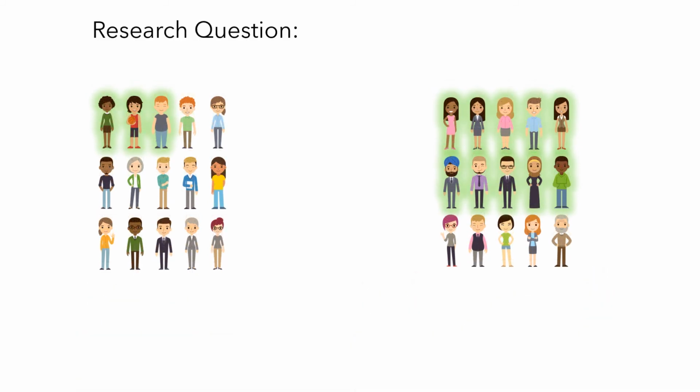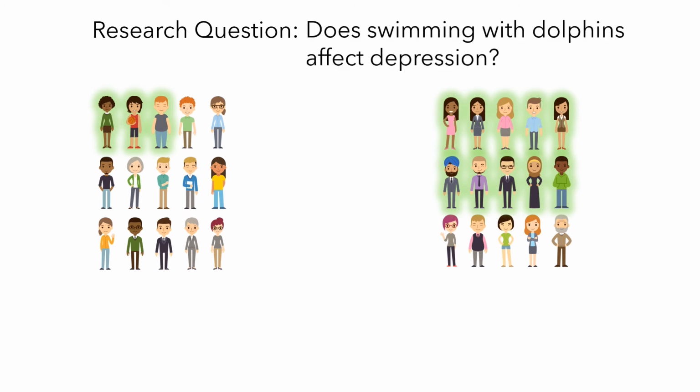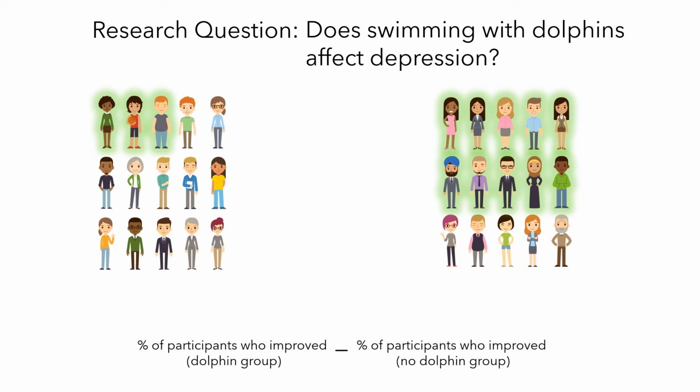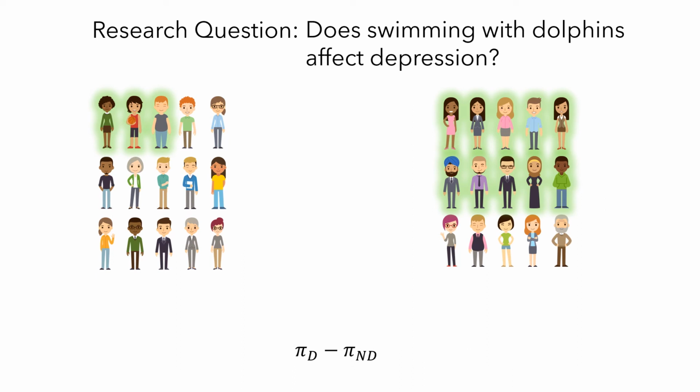So our research question is, does swimming with dolphins affect depression? There are two parameters, the percent of the participants who improve in the no dolphin group and the percent of the participants who improve in the dolphin group. As before, we'd combine these into a compound statistic, which we can represent using symbols. In this scenario, the null hypothesis is that the treatment has no effect.